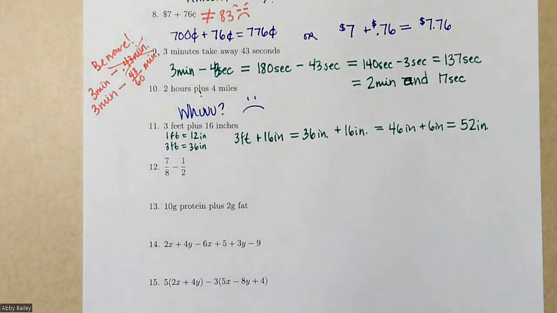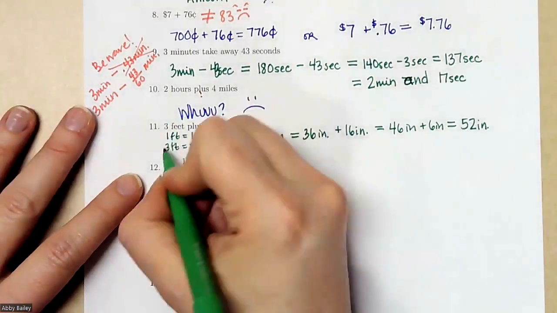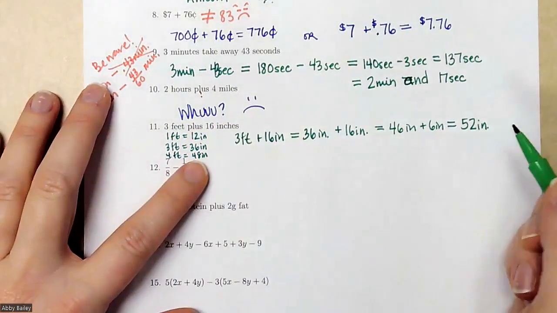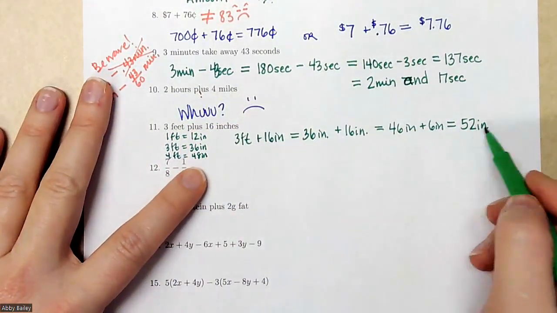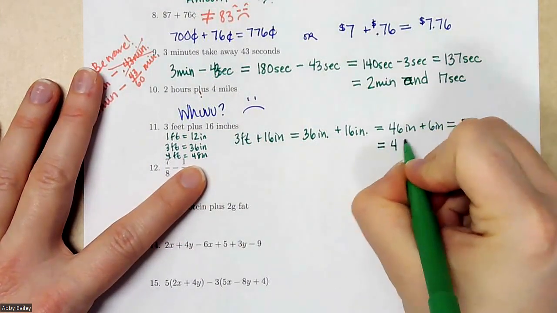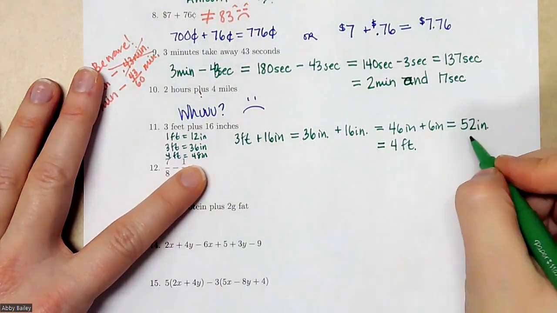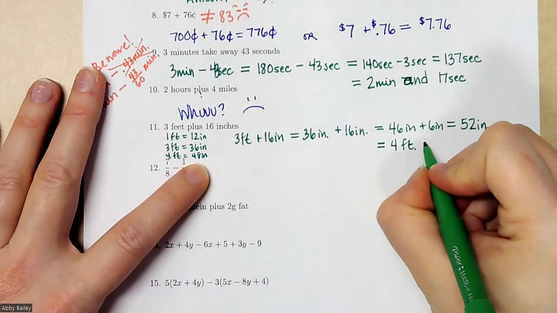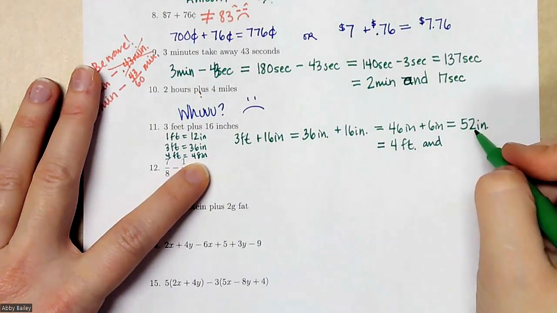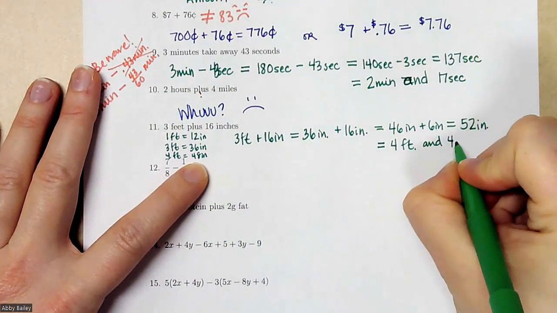And done. If you need this in feet, of course, then 4 feet would equal 48 inches. There's a 4 difference. So 4 feet plus 4 more inches.